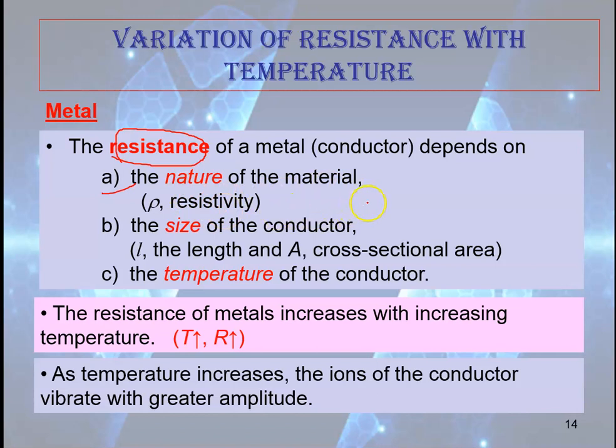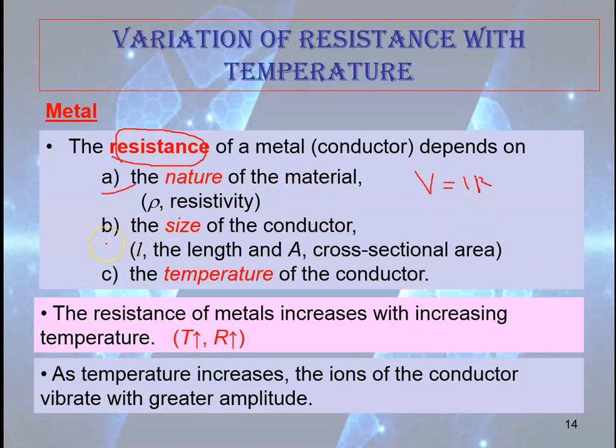When the resistivity of the metal or the conductor is higher, then the value of current that can pass through that conductor is also lower, due to V is equal to IR, right?